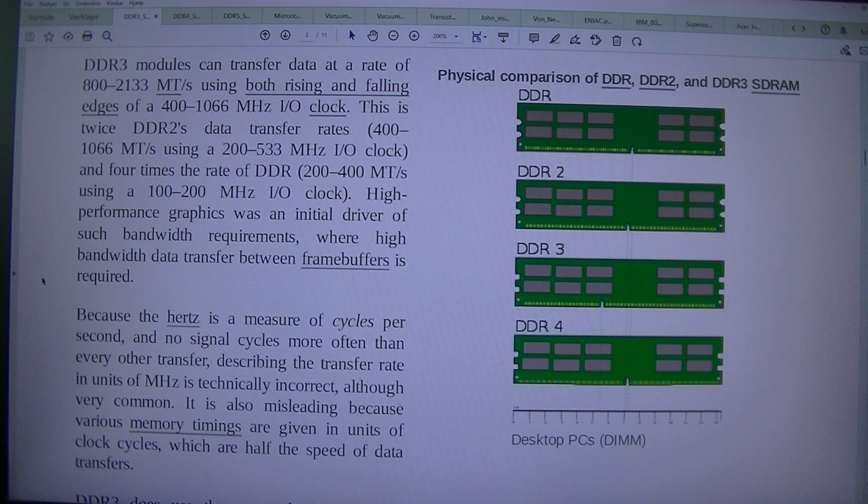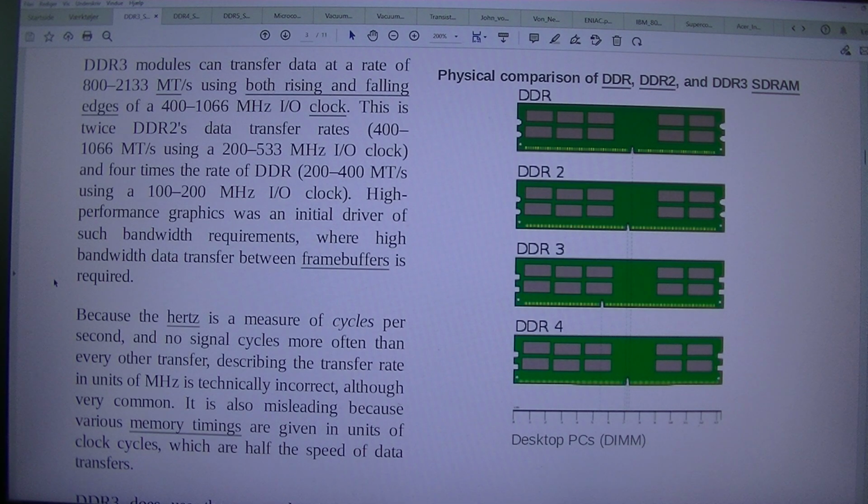This is twice DDR2's data transfer rate, 400 to 1,066 MT/s using a 200 to 533 MHz I/O clock, and four times the rate of DDR, 200 to 400 MT/s using a 100 to 200 MHz I/O clock. High-performance graphics was an initial driver of such bandwidth requirements, where high bandwidth data transfer between frame buffers is required.